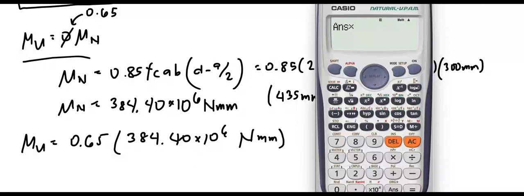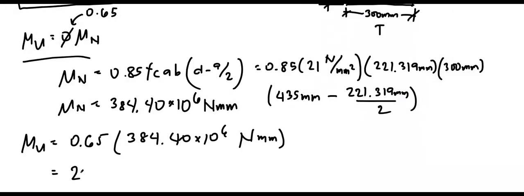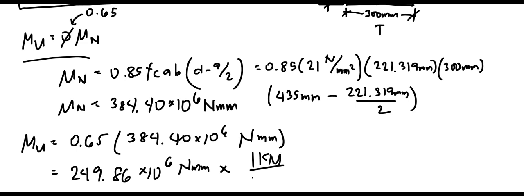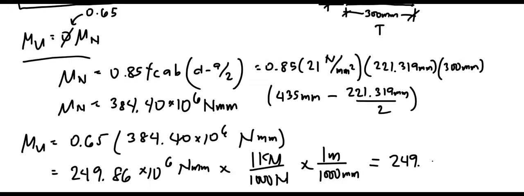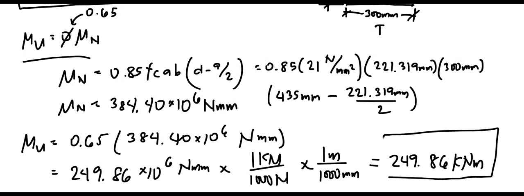Multiplying this by 0.65, we get 249.86 times 10 raised to the 6 Newton millimeters. To convert this into kilonewton-meter, we multiply by a conversion factor of 1 kilonewton per 1000 Newton and 1 meter per 1000 millimeters. This is equal to 249.86 kilonewton meters. And this is our final answer for the third problem.